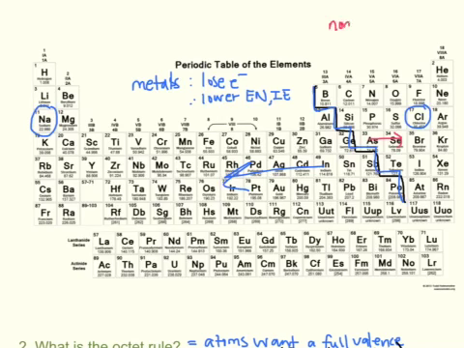So nonmetals tend to form ions by gaining valence electrons to get their octet. And the reason why is because they have a higher ionization energy and a higher electronegativity. So they hold on to their electrons a little bit tighter and they're more attractive. And this all goes back to our periodic trends we've been talking about for a long time.